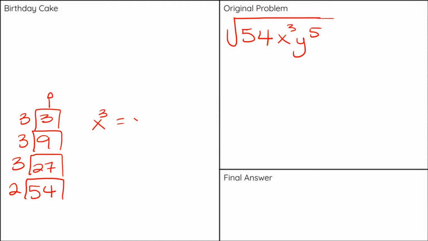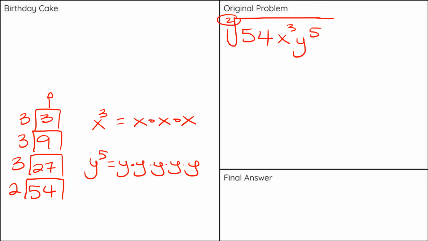Then we know x to the third is x times x times x, and we know that y to the fifth is y times y times y times y times y. So our index is 2. We're looking for groups of 2. I see a group of 2 here, here, oh, a couple over there.